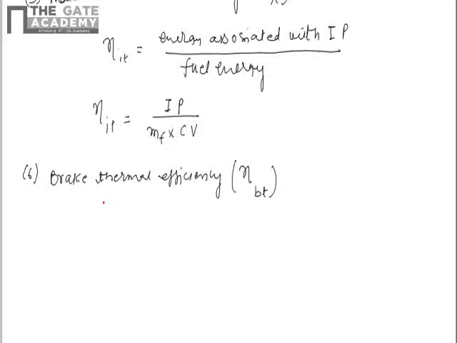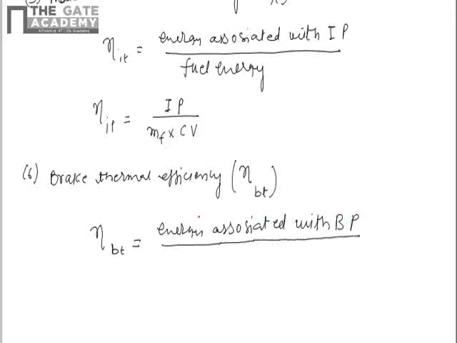Eta BT is the energy associated with BP, that is brake power, divided by fuel energy. Mathematically, BP divided by MF into CV. Here MF is the mass of the fuel and CV is the calorific value.